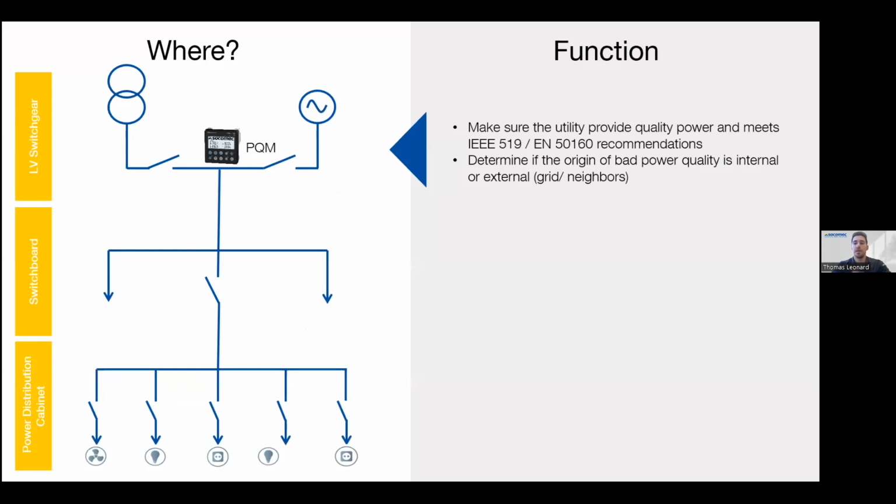So in the service agreement, they must respect the standard, and they must not exceed a certain number of events: sags, swells, interruptions. They must also stay under harmonics maximum limits, below 8% THD. So the power quality meter on the main feed will allow you to make sure that the utility is following the service agreement.